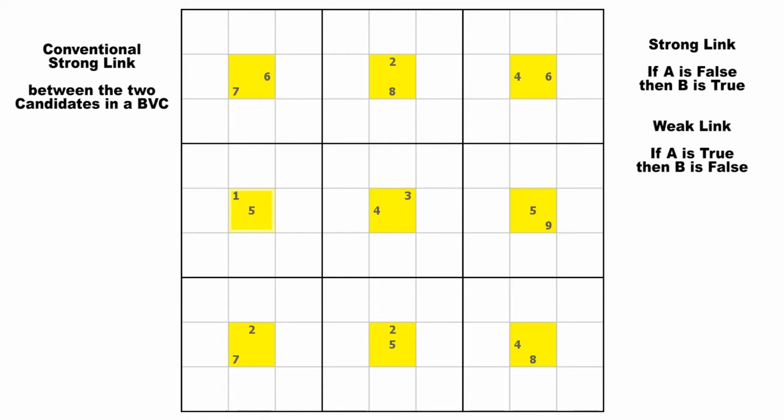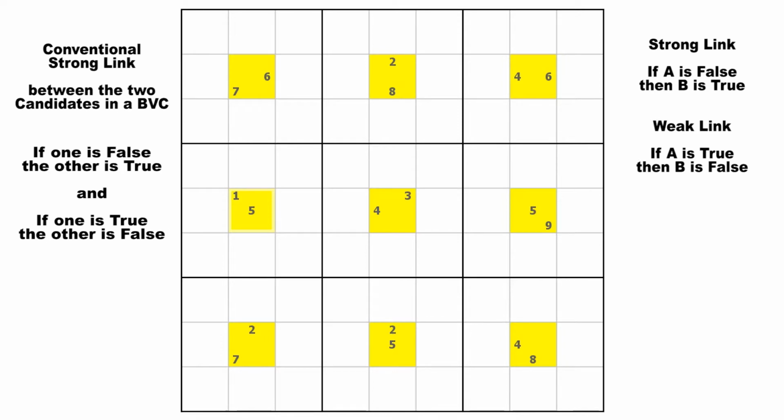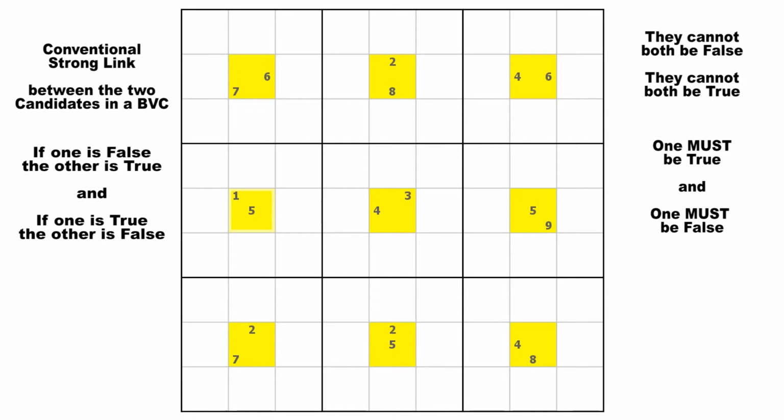The two candidates in a BVC are strongly linked and they are weakly linked. This means that not only can we say if either one is false, then the other one is true, but we can also say if either one is true, then the other one is false. This is because they cannot both be false and they cannot both be true. One must be true and the other must be false.